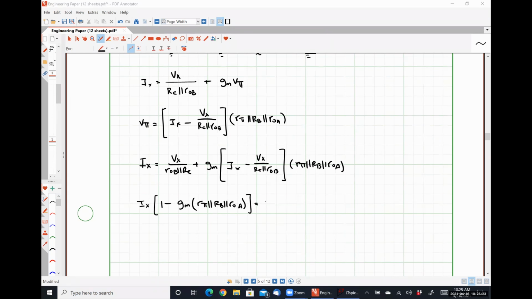So I will have Vx times one minus gm R pi in parallel with RB in parallel with R naught A, all of this over RC in parallel with R naught B.